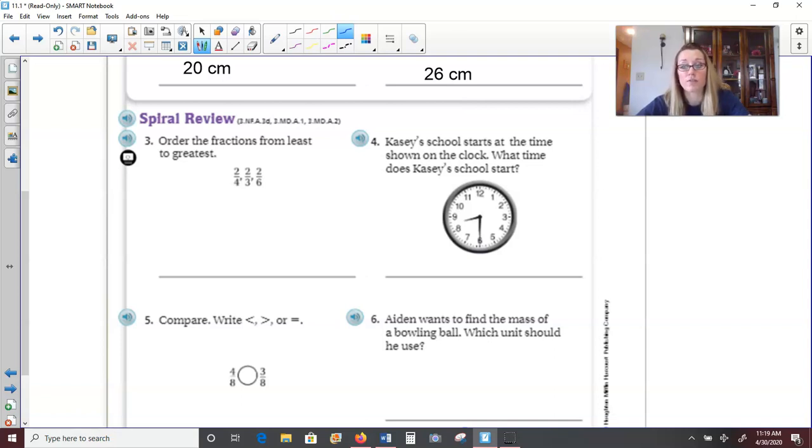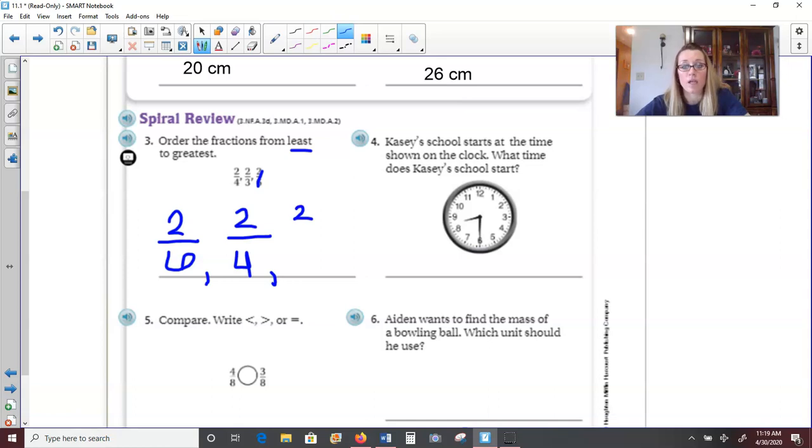So if we're looking for the smallest, the least fraction first, we're going to start with the one that has the bigger number on the bottom because that actually means those pieces are smaller. So 2/6 is going to be our least amount. And so then 2/4 would come in the middle.